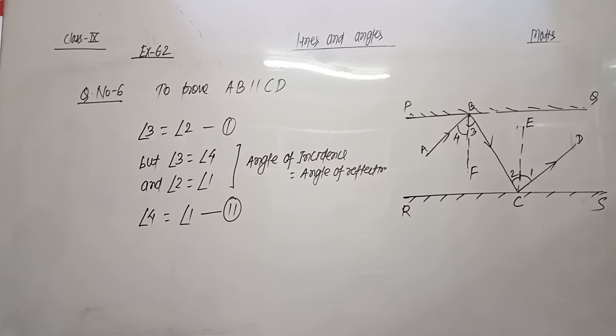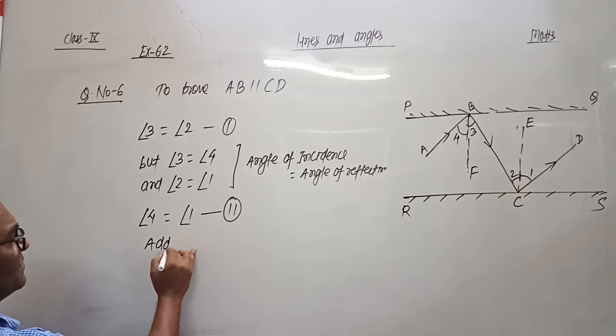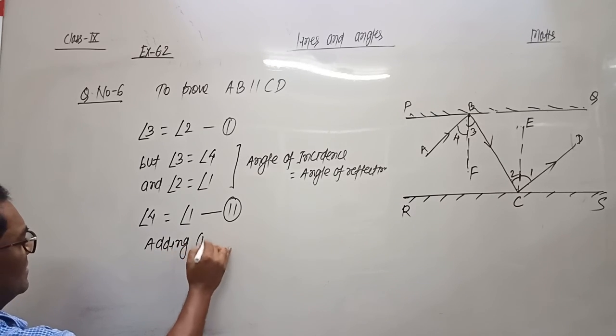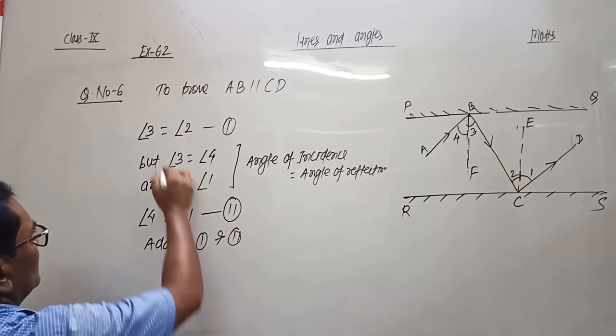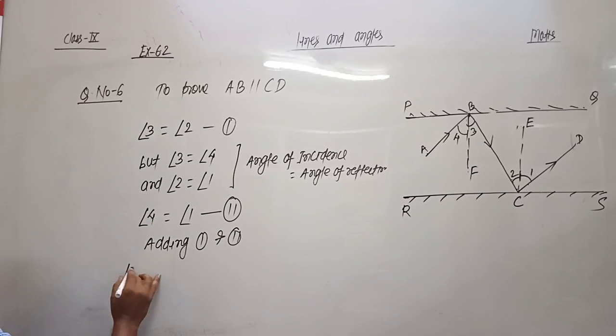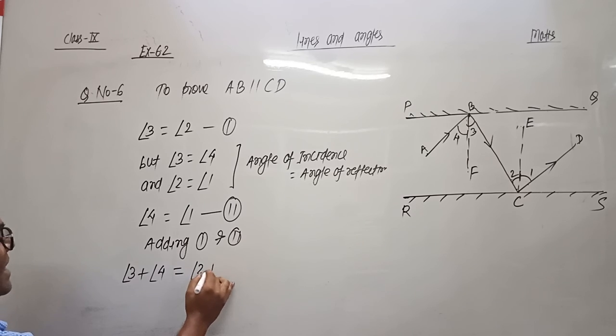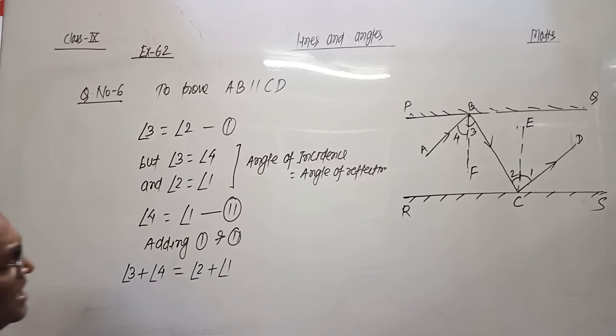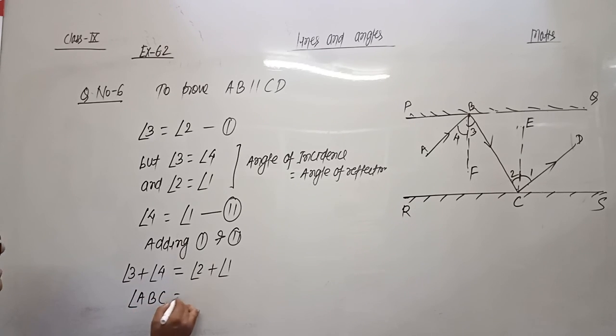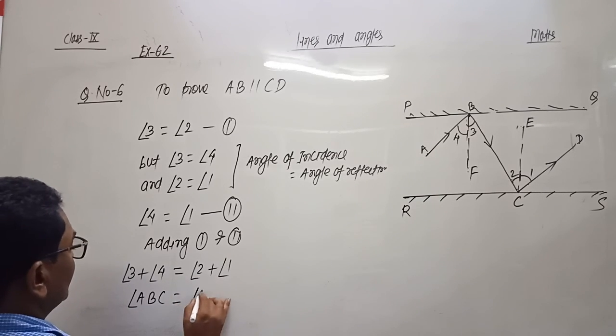Now adding first and second, we get angle 3 plus angle 4 is equal to angle 2 plus angle 1. Angle 3 plus angle 4 is written as angle ABC, and angle 2 plus angle 1 is written as angle BCD.